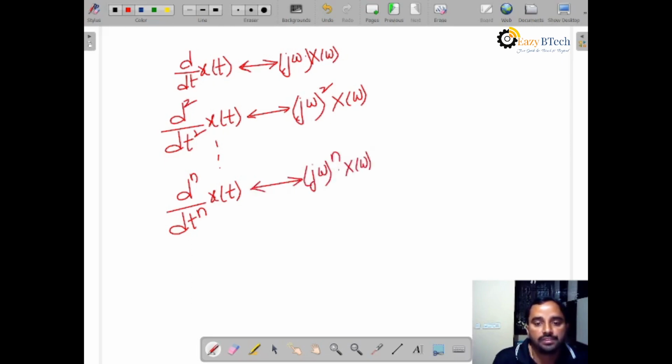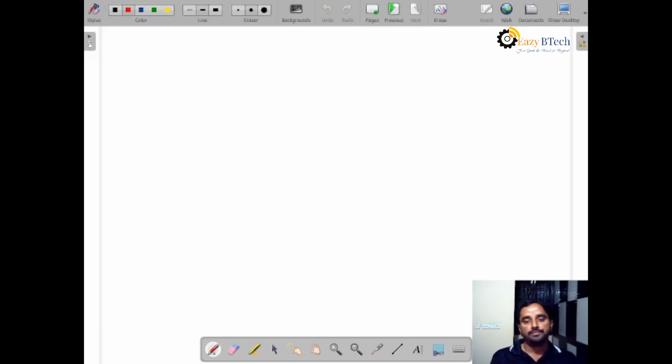Is it right? So very, very simple and important. This is the time differentiation property. So similarly, we have the frequency differentiation property. Another property, frequency differentiation property.